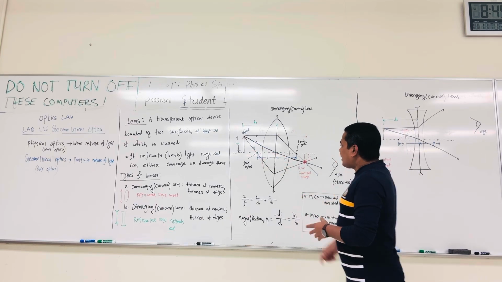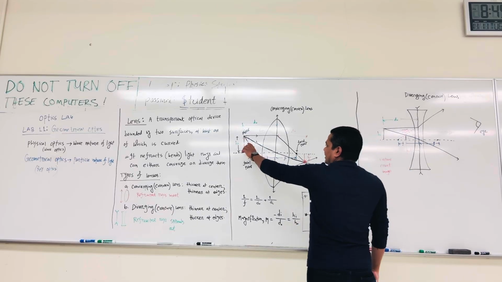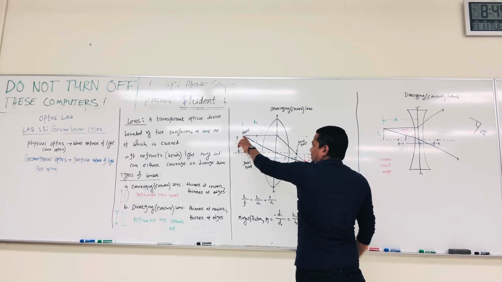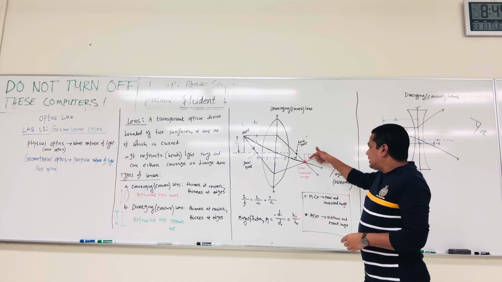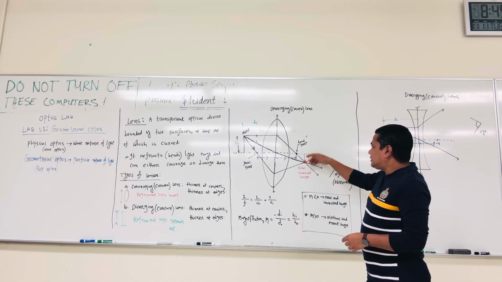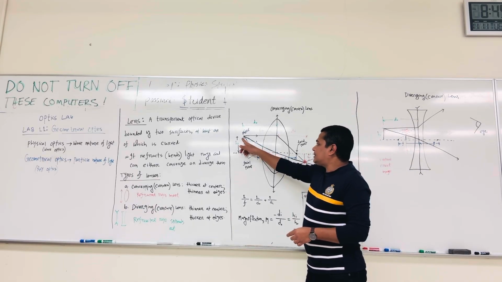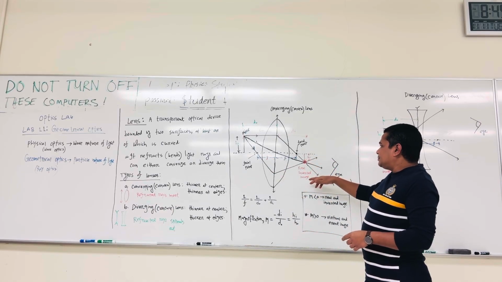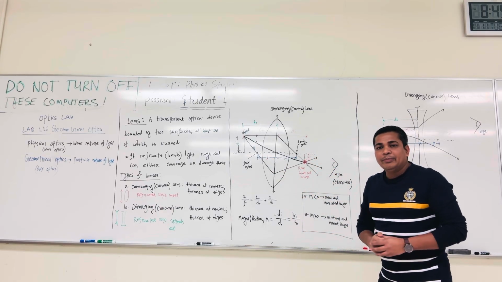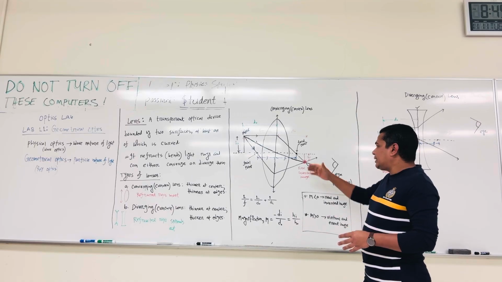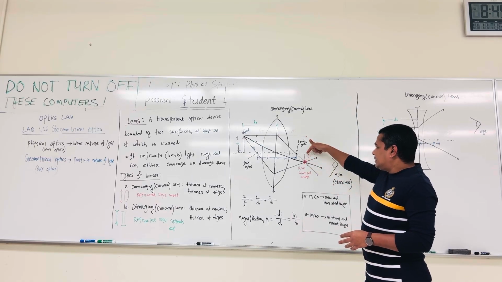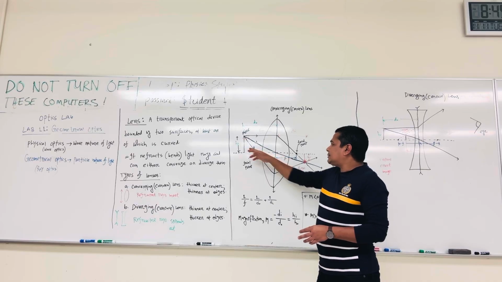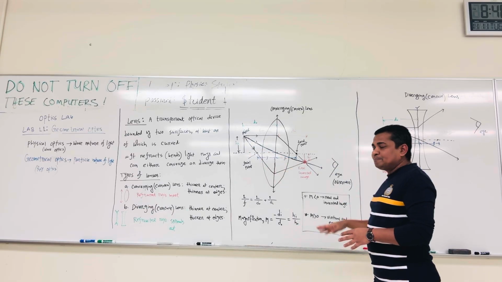We also see that the object is in the upward direction, but the image is in the downward direction. This arrow is upward, here the arrow is downward. That's why this image is called the inverted image. Inverted means the direction is opposite to that of the object.